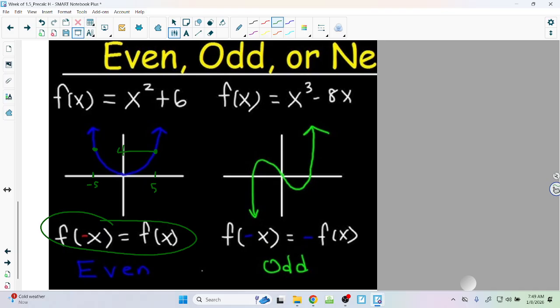Odd is kind of the same idea, except some flipping happened. If you look at this value, let's call this point right here 3 comma negative 2, okay? If that point is 3 comma negative 2, what do you think this point is? If it's very symmetrical, if it's perfect.